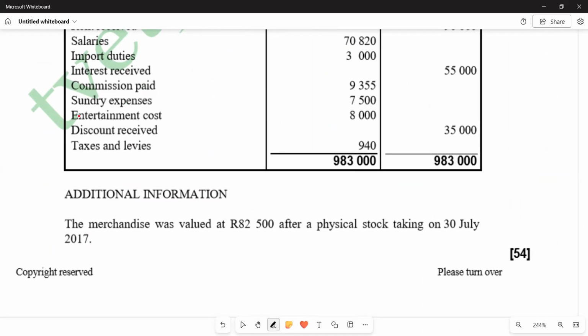This one is saying the merchandise was valued at 82,500 rands after a physical stock taking on 10 July 2017. So this is the figure for trading stock at the end. In some questions, you will see that you have consumable stores or stationery as part of the closing stock. If they are there, you add them to get the total for stock. Here we only have trading stock of 82,500.